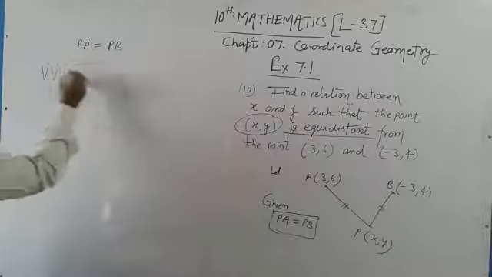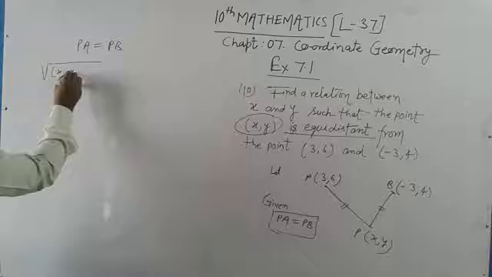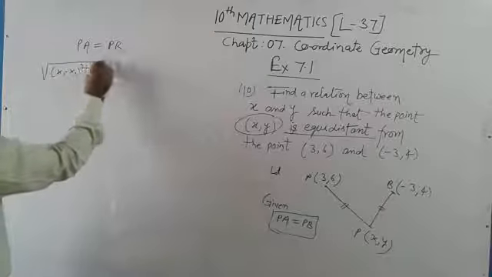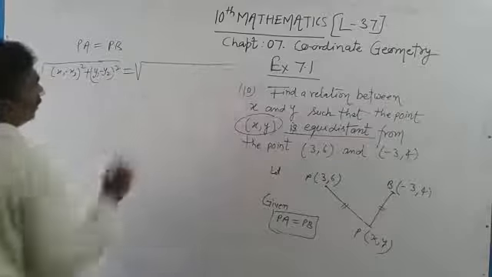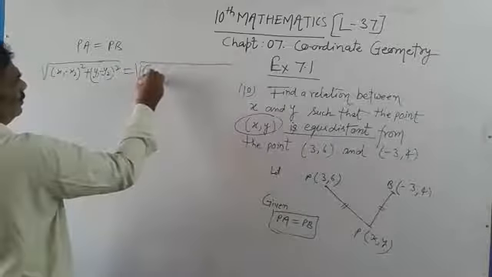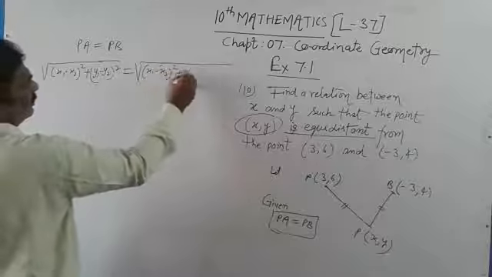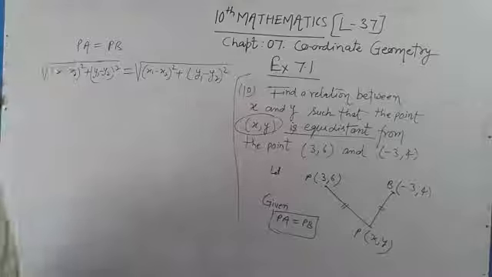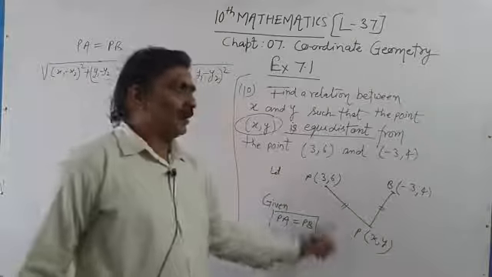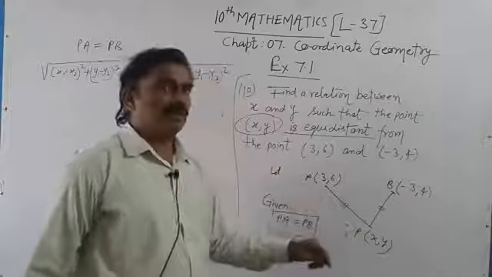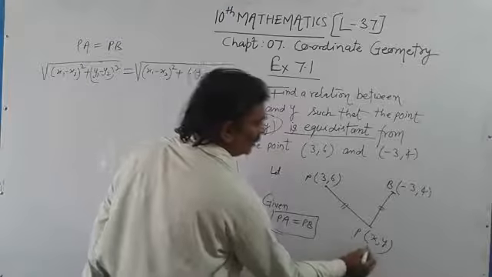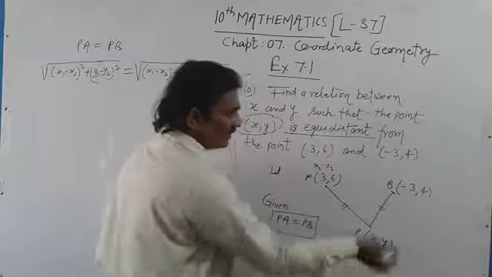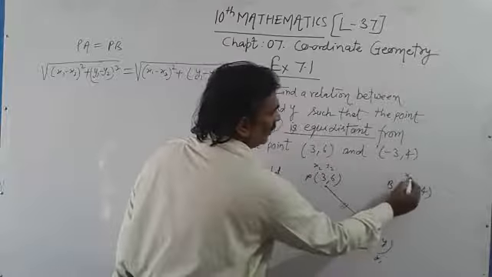Using distance formula, square root of (x1 minus x2) whole square plus (y1 minus y2) whole square is equal to, similarly the same formula on the right hand side also, (x1 minus x2) whole square plus (y1 minus y2) whole square. Okay students, now for PA, one time these are x1, y1 and these will be x2, y2. For the next one also x1, y1 and x2, y2.